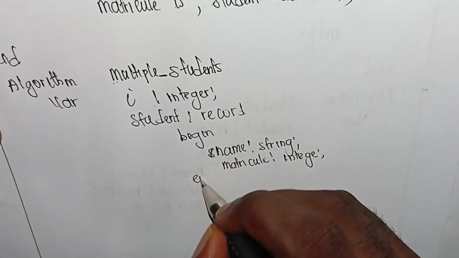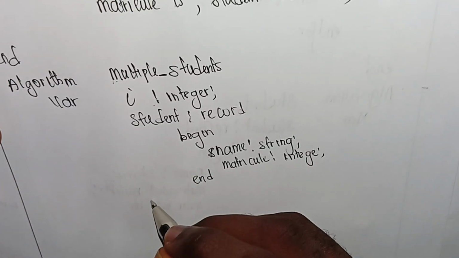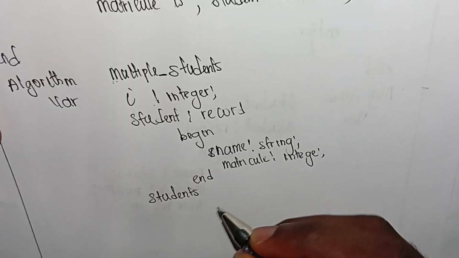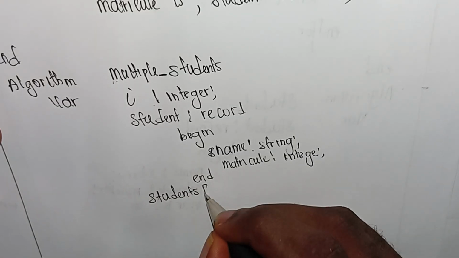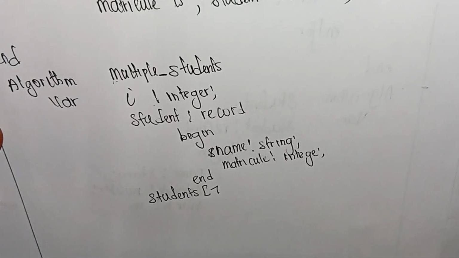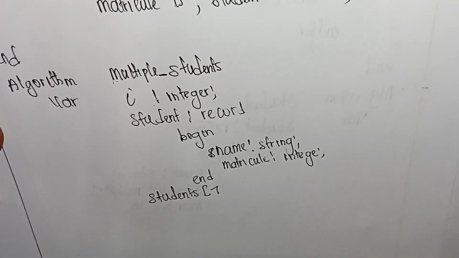Now we want to end our record, and we want to create an array, and let's call this array students, with an S, of size 1 to n. We want to create 3, but let's give the user the ability to create an array of the size they want.